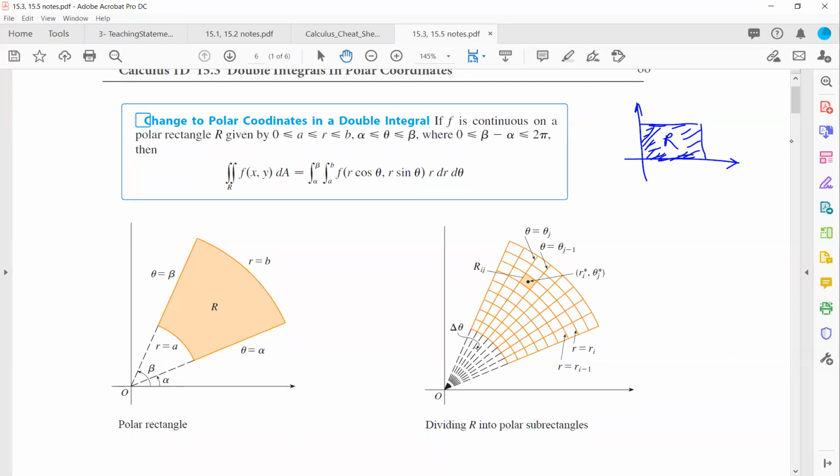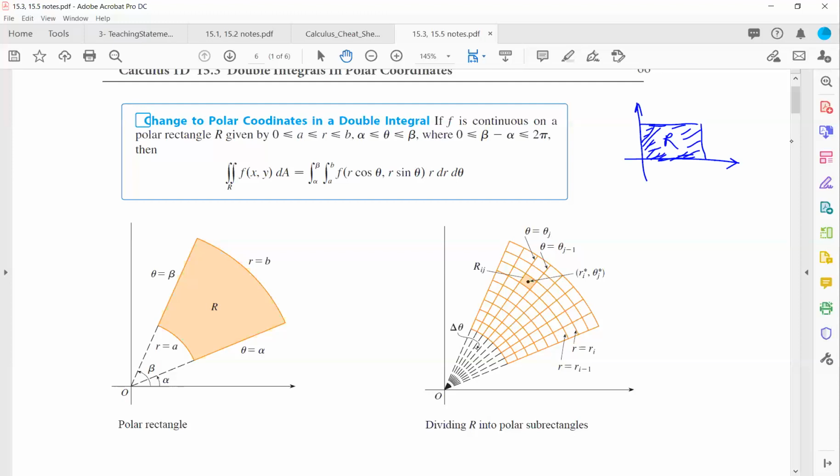Of course, you learned about polar coordinates before. You can apply polar coordinates change of variables to double integrals.